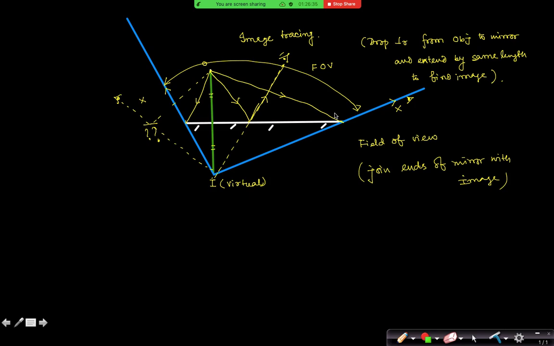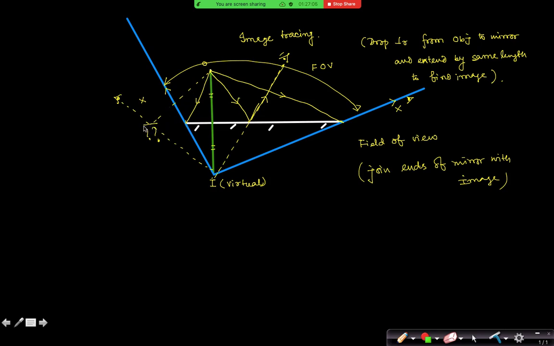Have you got it? Is field of view basically an angle or length? Field of view is not any angle or length, it is a region, right? No one is asking you to find the field of view, right? They can ask you the angle if it is a plane. It may be a cone, it may be a solid angle, it may be a space, right? But it is needed only to understand whether I will be able to see the image or not.